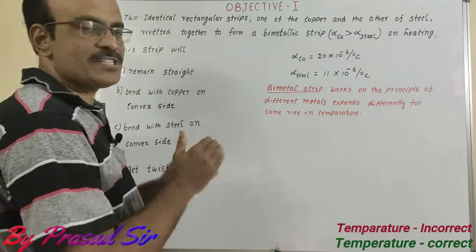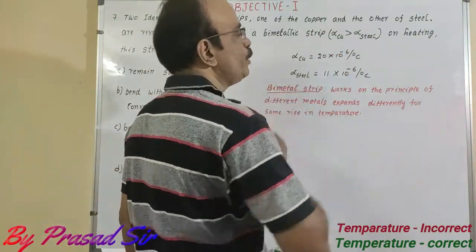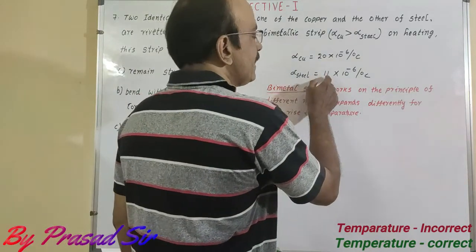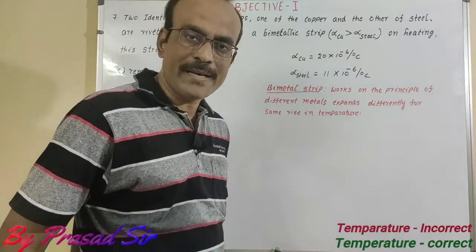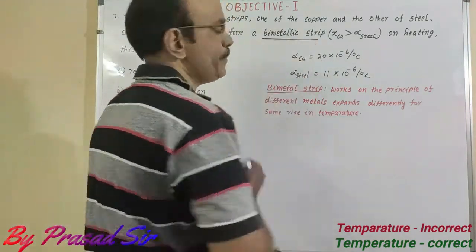So here, first of all, we know the values: alpha of copper is 20 into 10 to the power of minus 6 per degree centigrade. Alpha of steel is 11 into 10 to the power of minus 6 per degree centigrade. But what is meant by a bimetal strip?